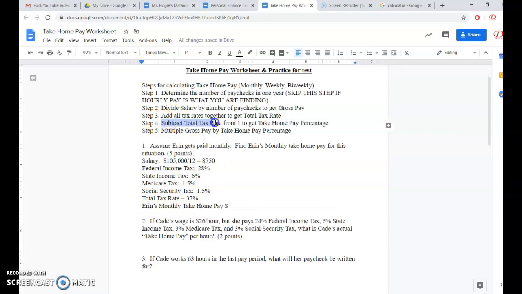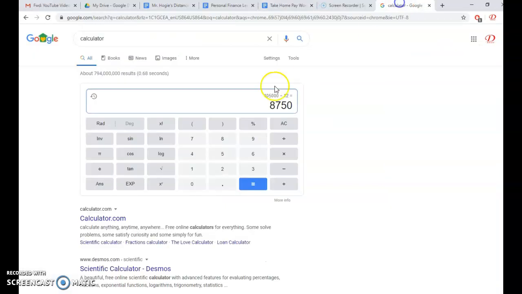Step 4 says to subtract the total tax rate from 1. Okay, so remember that this is a decimal, right? You move this 2 places to the left to get what it actually is as a number. All right, so you think back to your math classes and you thought, geez, I'm never going to use this. Well, now you do. So we take 1 minus 0.37, and we get 0.63.